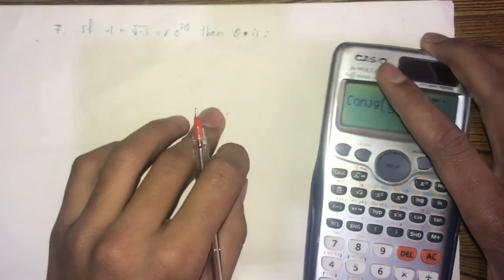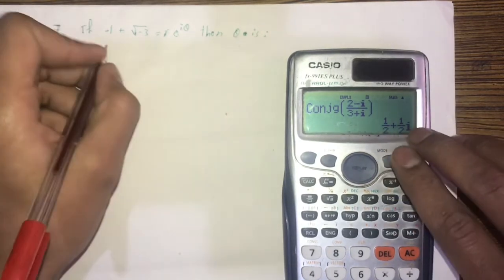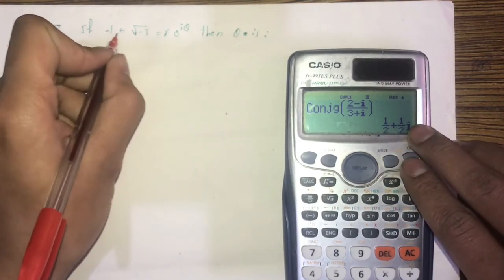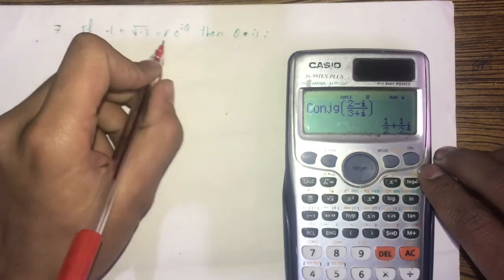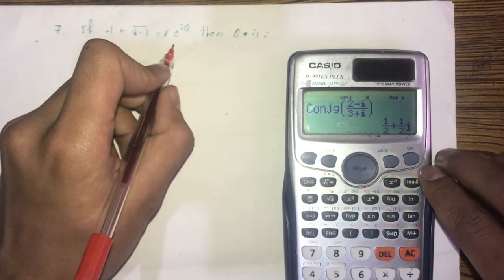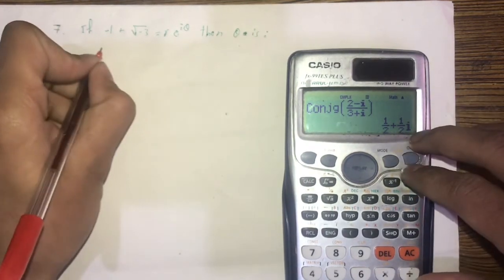Now in number 7 we have this. It's exponential form. If minus 1 plus root under minus 3 equals r e to the power i theta, then theta is what? Here is the simple form.